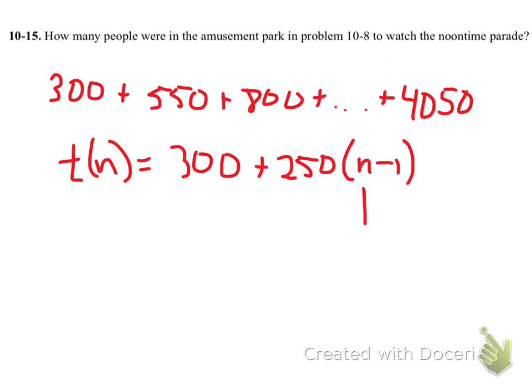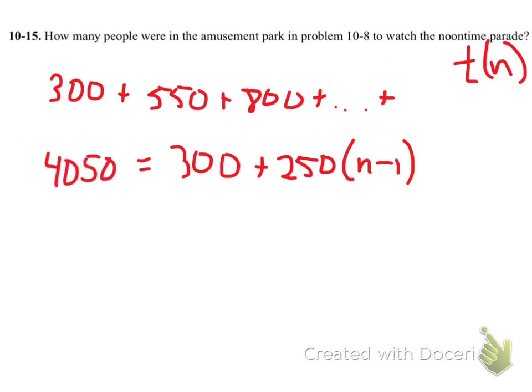So another way I can figure out my number of terms, if we did not have that already, is instead of having this as a T of n right here, I can substitute that for my last term. So now when I take my last term and substitute that in, if I solve for n right here, that's going to give me the term number that gives me my last one.